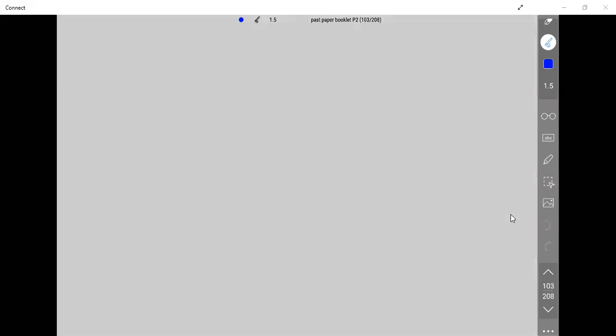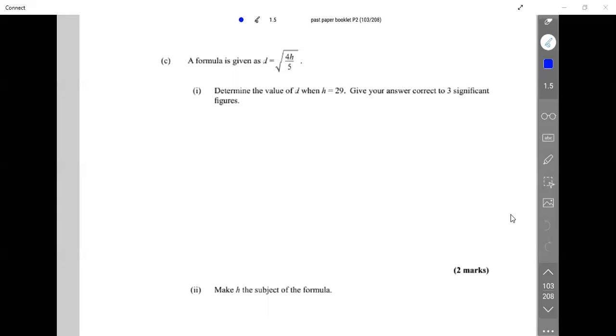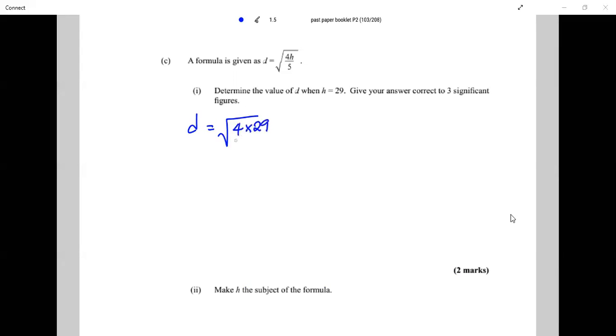All right, so the last part of the question is C. C says a formula is given as D is equal to the square root of 4h over 5. We're asked to determine the value of D when h is 29, and we're to give our answer to 3 significant figures. So D is equal to the square root of 4 times h, but h is 29, divided by 5.